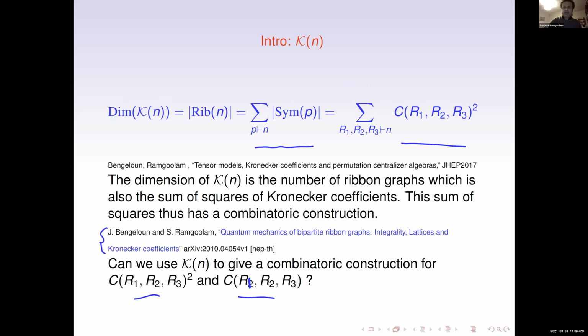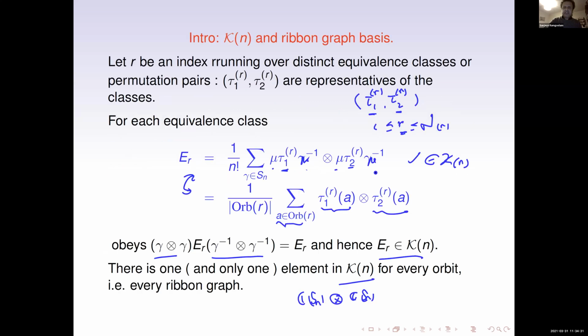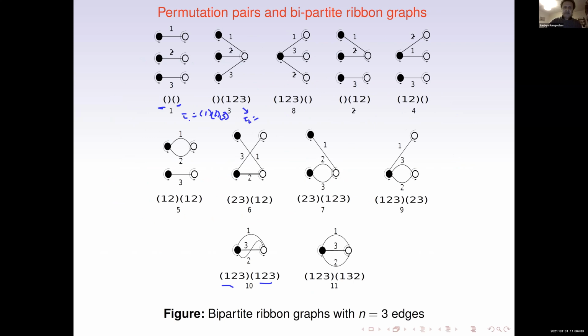You don't need an extra labeling. You see, once you know, for example, these two permutations, there are only labels associated with the edges. And you know that each cycle corresponds to a vertex. So once you know that, because you have a labeling for the edges, you sort of have an implied labeling, but there's nothing beyond that.